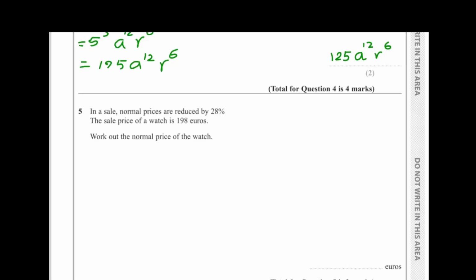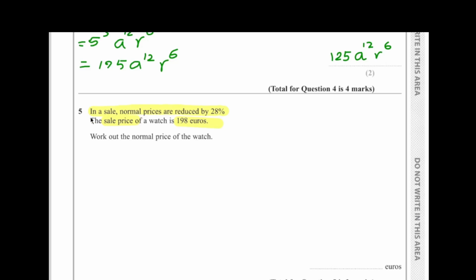Question 5, percentages. In a sale, normal prices are reduced by 28%. The sale price of a watch is 198 euros. Work out the normal price of the watch. This is under percentages. Straight away, if you know the formula, this is nothing.